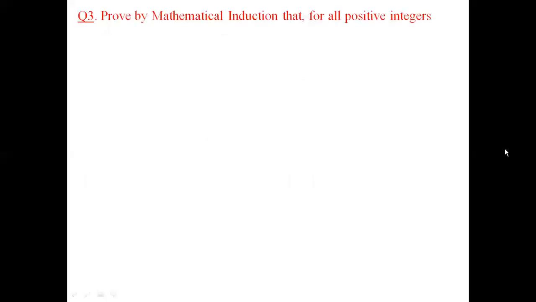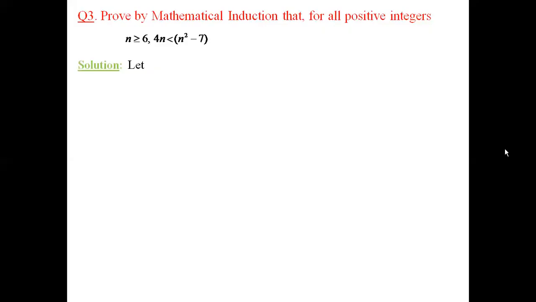So let us see another last problem on mathematical induction. We need to prove by mathematical induction that for all positive integers n greater than or equal to 6, we need to prove 4n is less than n square minus 7. So here we observe that very firstly, n is taking the least value as 6.